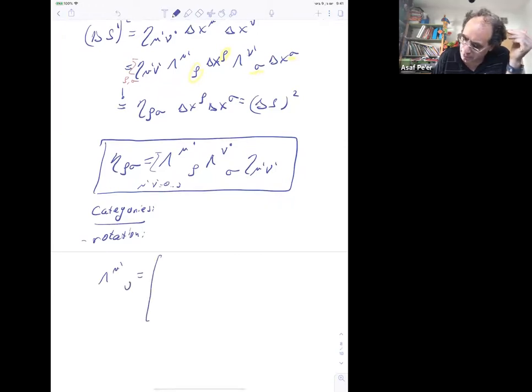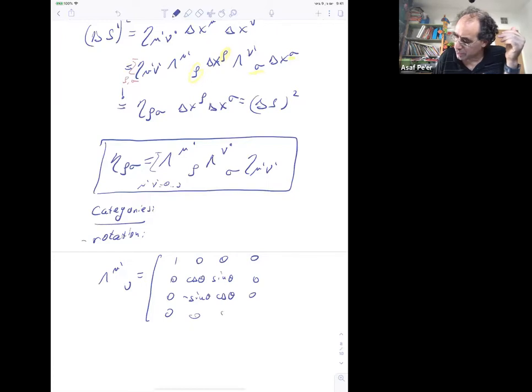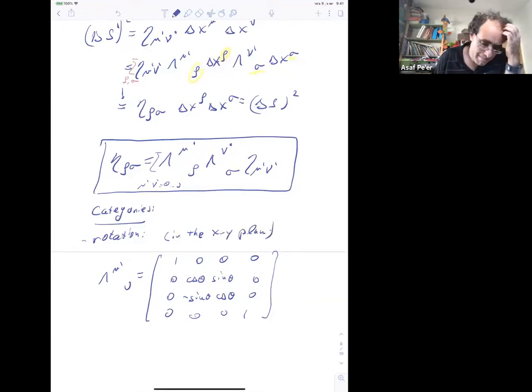It looks something like that: 1, 0, 0, 0, then 0, cosine theta, sine theta, 0, then 0, minus sine theta, cosine theta, 0, then 0, 0, 0, 1. Of course, theta is the rotation angle. That's a rotation in the xy plane. Right, you know that.